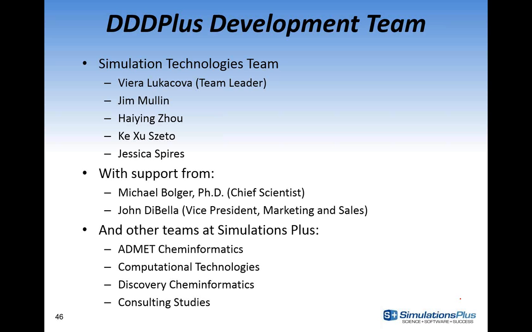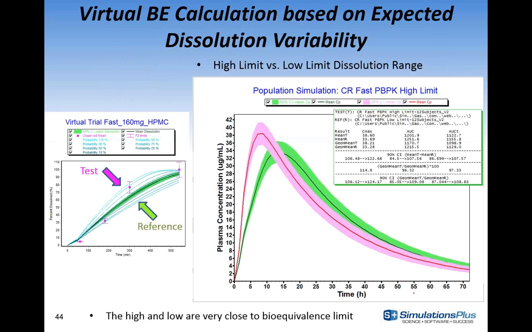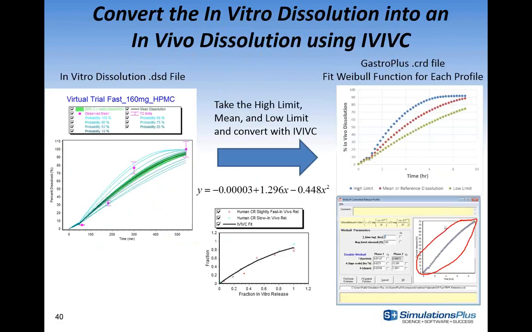I apologize, but I can't help myself here. If you take a closer look at the models that we have implemented in DDDPlus, we actually have what we call a calibration constant, separate from the dissolution rate constant term that we're all traditionally familiar with.